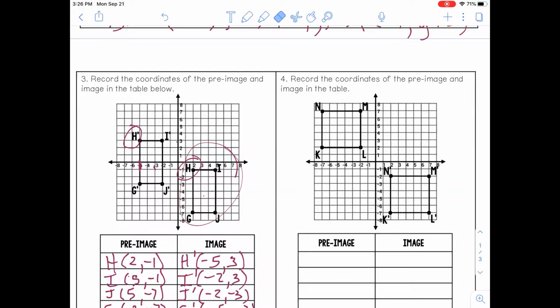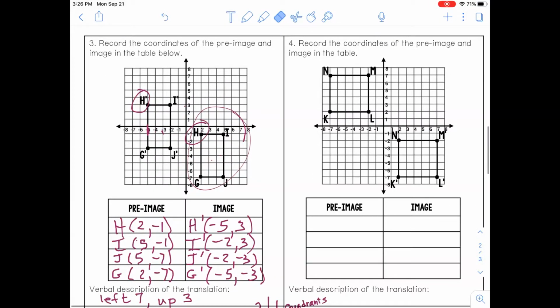The orientation of the vertices has changed. So if we look at this figure, I and I prime are in the same position. H and H prime are in the same position. Same with J and J prime and G and G prime. So if they're in the same position, then the orientation did not change.